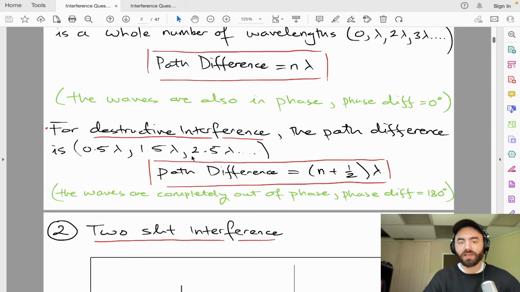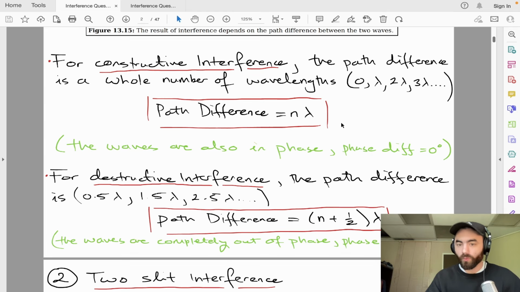And destructive interference happens at the half wavelength points, where they're out of phase by 180 degrees, or odd multiples of 180, like 540. So if the path difference is a half, 1.5, 2.5 wavelengths, they're destructively interfering.